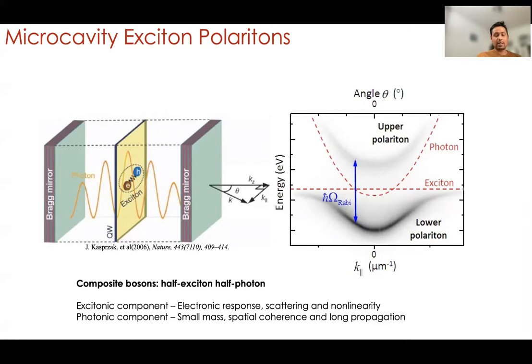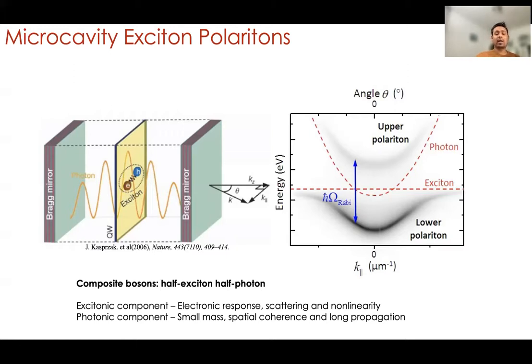Under suitable conditions, the trapped light inside the cavity strongly couples to the material resonance. In this case, it's an exciton, which is hosted by the semiconductor. And it results in two new modes of the system, which are known as upper and lower polariton.